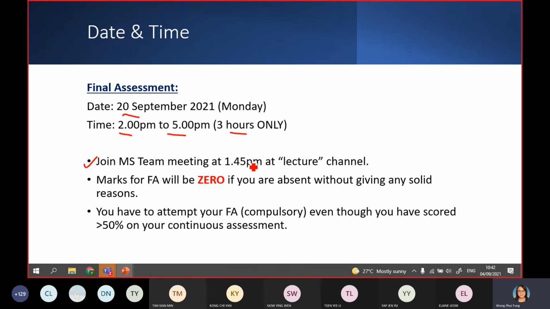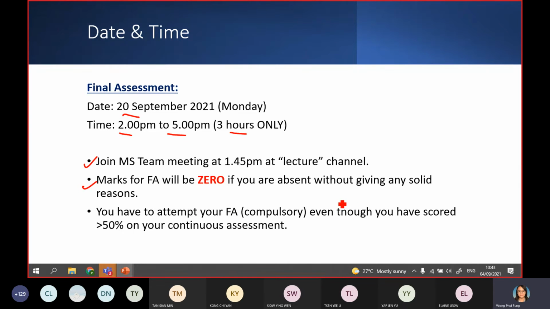So try to join at 1:45 p.m. so that I can monitor your attendance and know who didn't attend. Then I will release the question five minutes before. Marks for the FA will be 0 if you are absent without a solid reason, so try to make it for your FA.